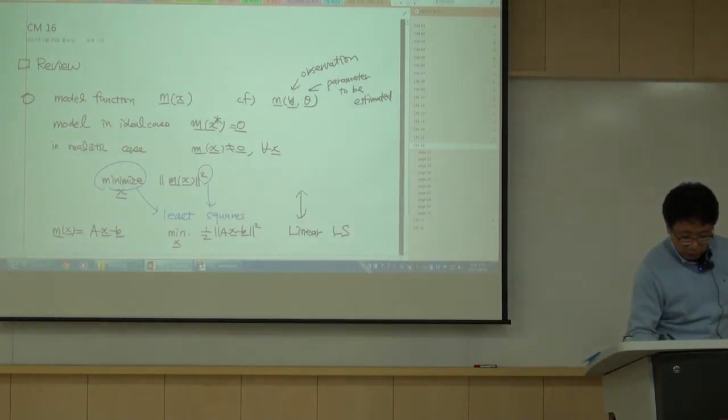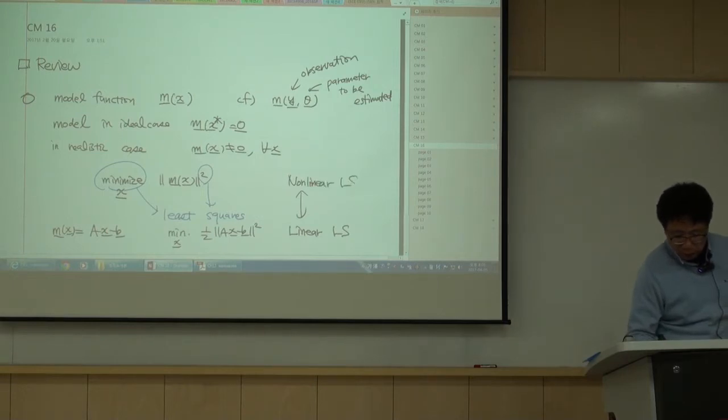In general, we may have a non-linear least squares problem.